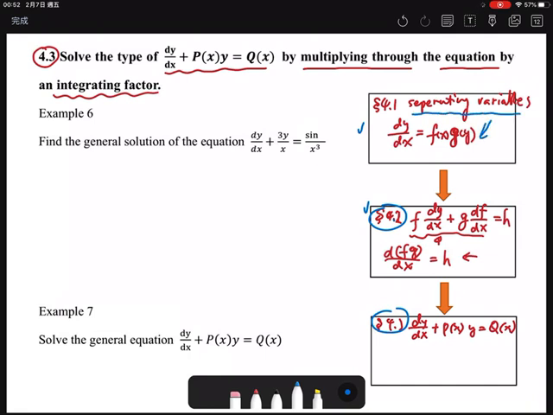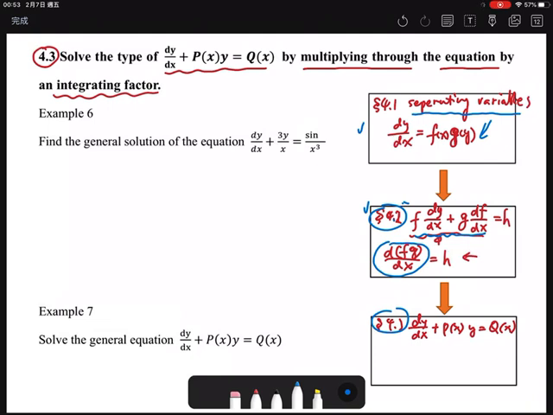Okay, so the corresponding type is like this. So you may think about whether we can use the separating variables method to solve it. And if we can, okay, so for example, if you come across an equation like type 2, section 4.2, you may check whether the left-hand side or one side can be written as a derivative of a product.